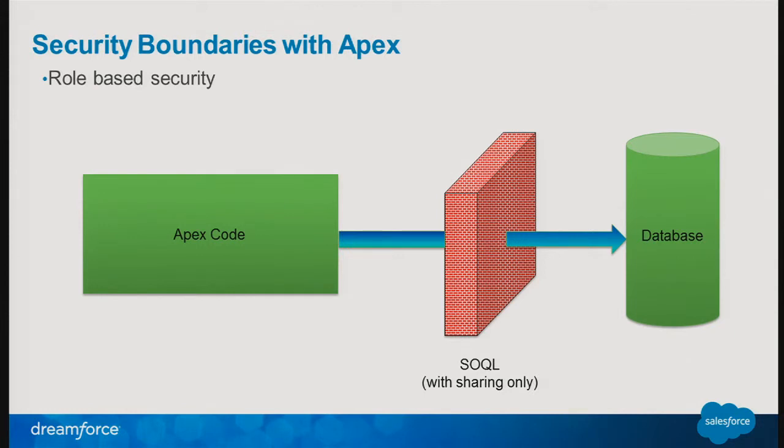The first place is the record access, sharing rules, implemented at the SOQL level. In other words, if I am executing code in a class that's defined with sharing, and I perform a query, that query will respect the existing sharing rules and the role-based security. It will not respect it if it's without sharing, it will not respect it at all.